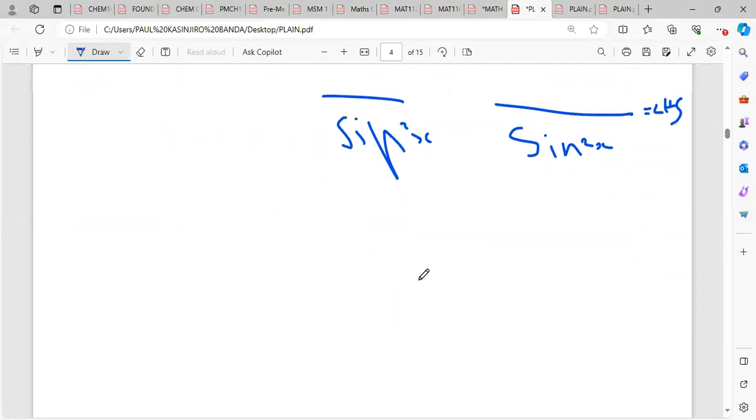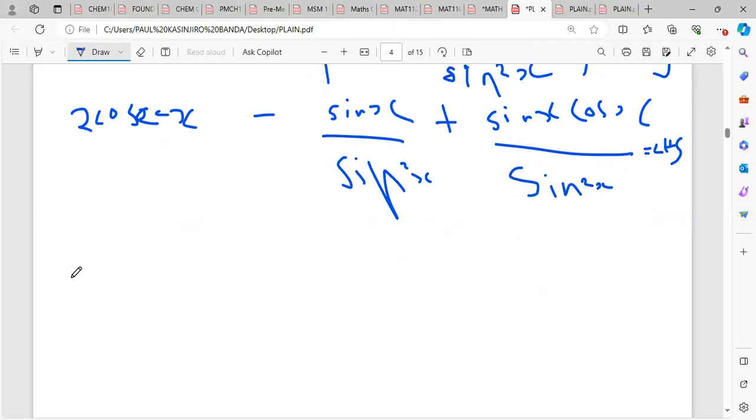So from there, what can we see? The 2 cos x remains the same. Don't touch it. Minus, and then here sine x over sine squared x. The sine x will go, and then we remain with 1 over sine x. And we know that 1 over sine x is just cosec.